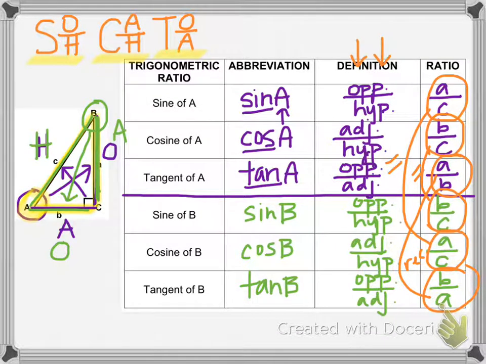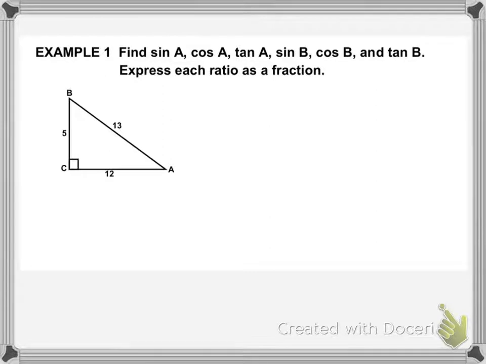Now let's try a problem. In this example, we're doing the same thing we just did in that last table. We're finding the sine, cosine, and tangent from angle A's perspective, and then the sine, cosine, and tangent from angle B's perspective. So at the bottom of my page, I'm going to go ahead and write my SOHCAHTOA, and then set it up.